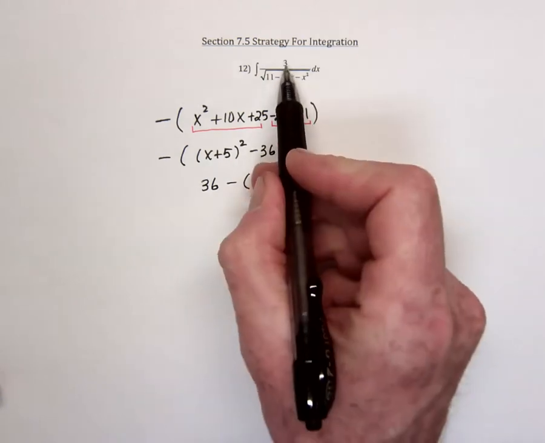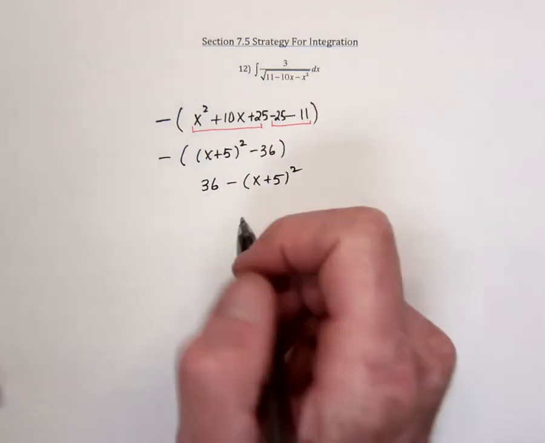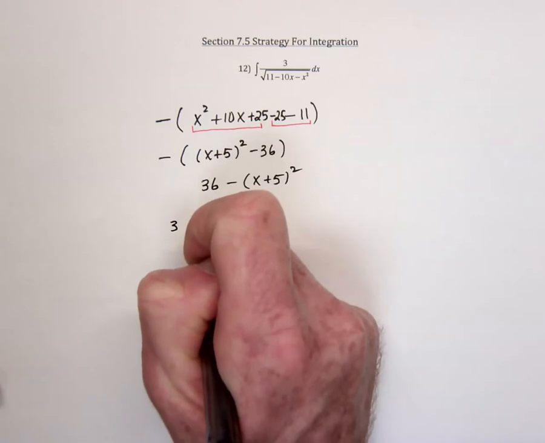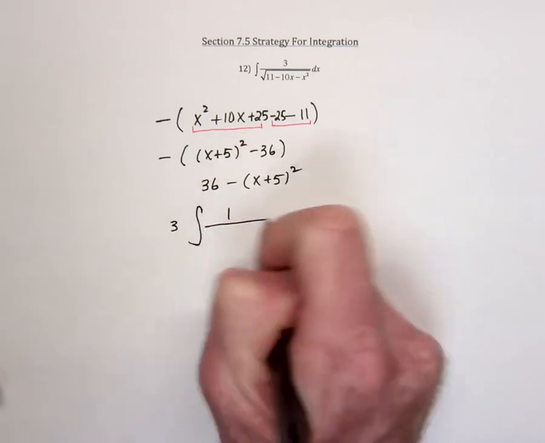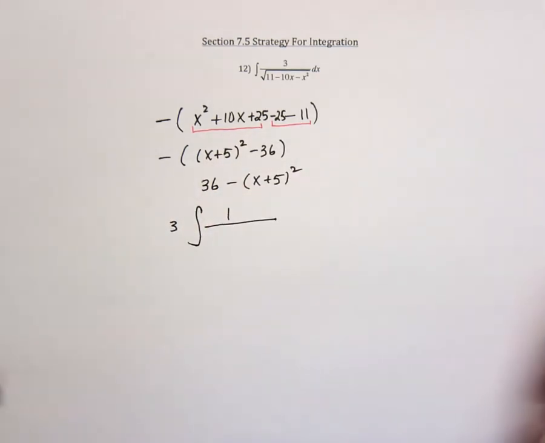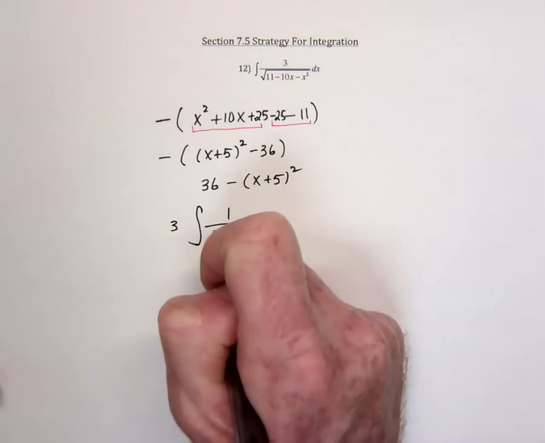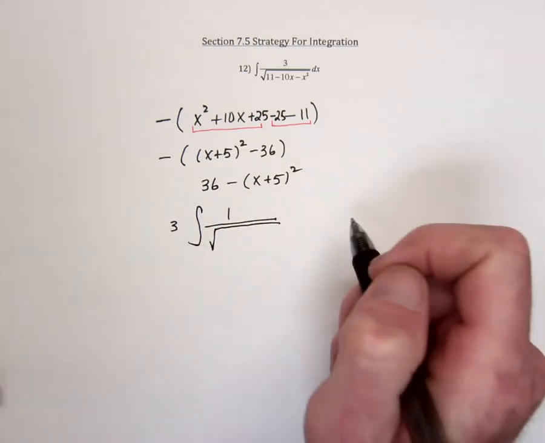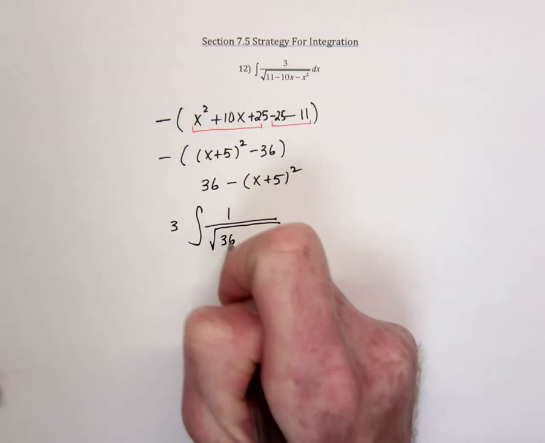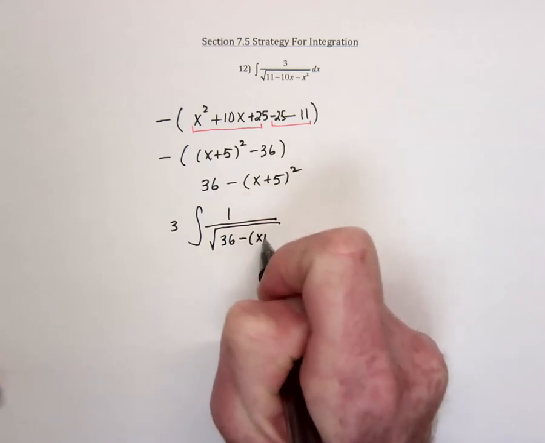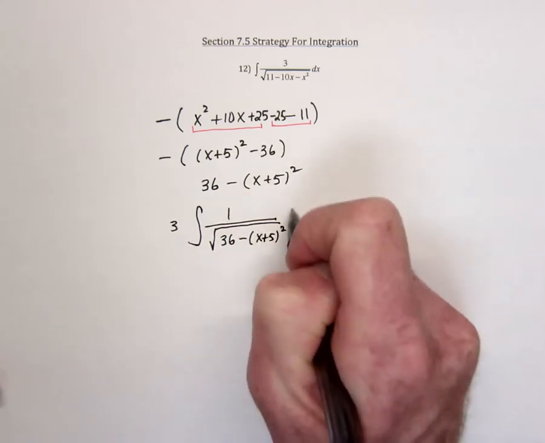So the 3 constant, just factor it out. Then we'd have 1 over, in the radical, we've got this 36 minus x plus 5 squared.